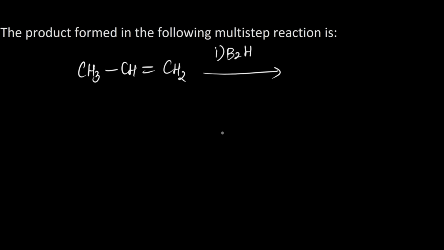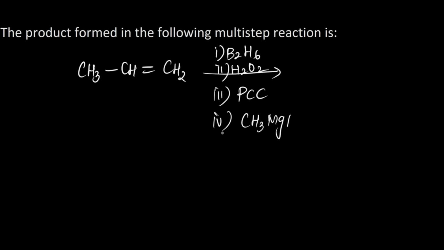And the next question is the product formed in a multi-step reaction. The reaction is CH3CH double bond CH2. The first reagent is B2H6, second is H2O2 with NaOH, third is PCC, fourth reagent is CH3MgBr. Simple reagents, let's see one by one.